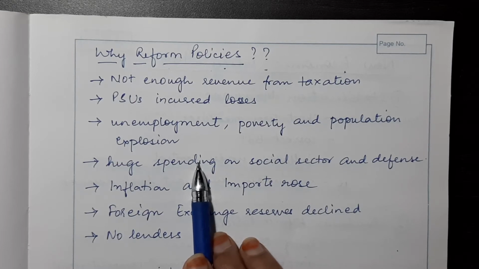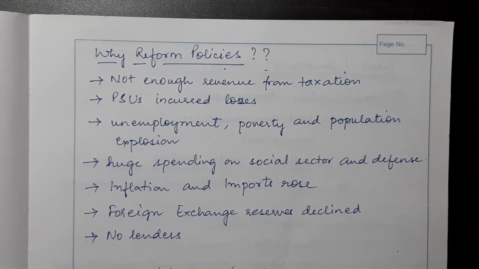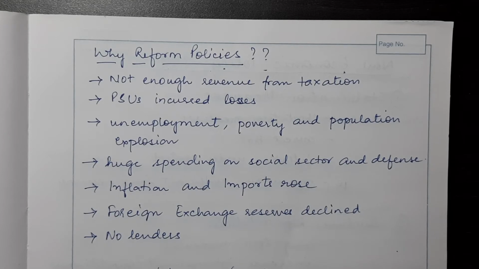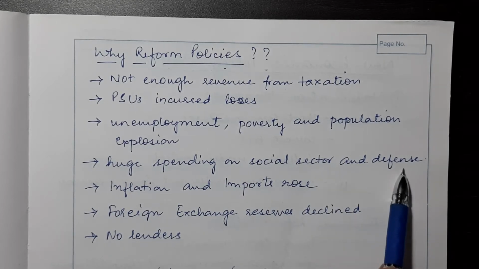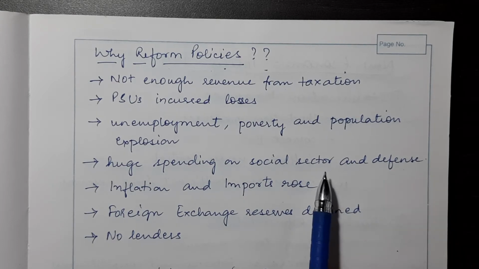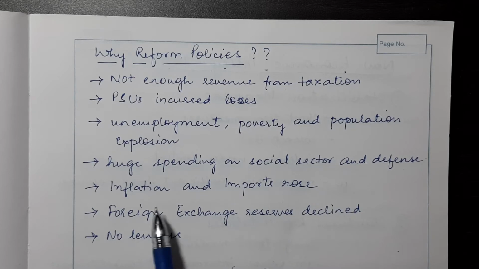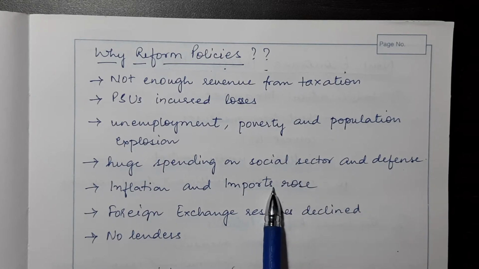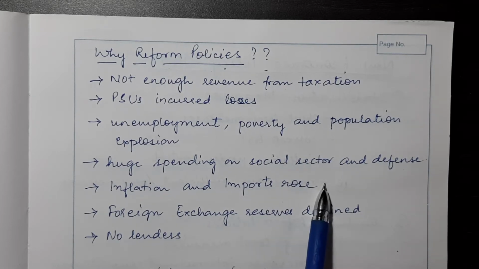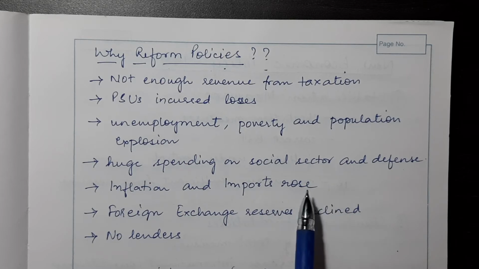And this was combined with huge spending on social sector and defense, which do not provide immediate returns. And then whatever was borrowed from the other countries was just spent on meeting consumption needs. Imports grew at a very high rate that did not match the growth of the exports.